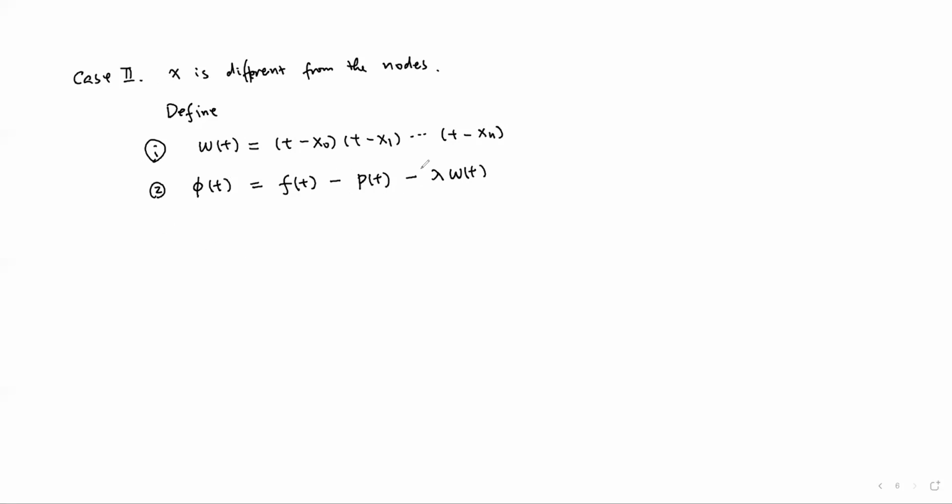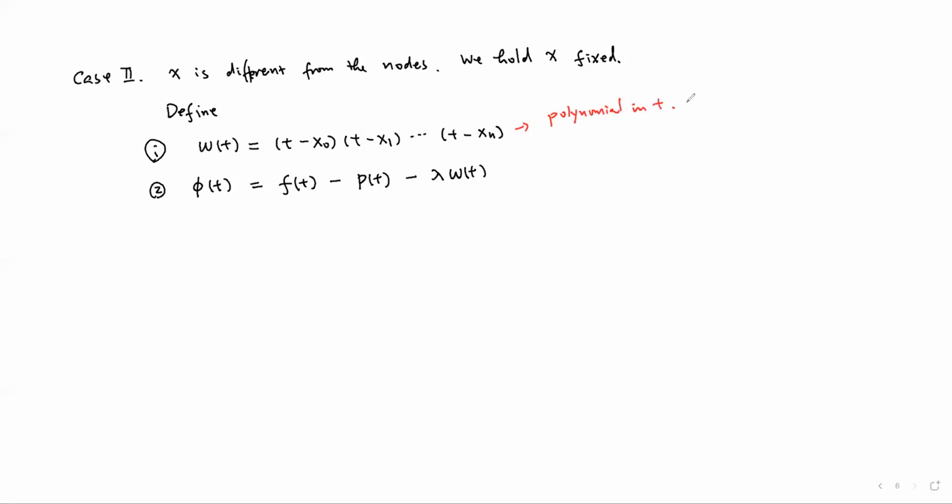In the second case of the proof, we hold x fixed. x is a fixed number, not a variable. The variable now is t. w is a polynomial in t.